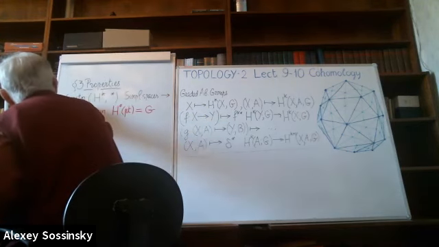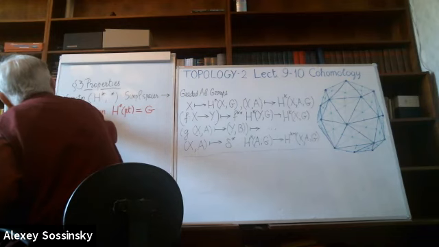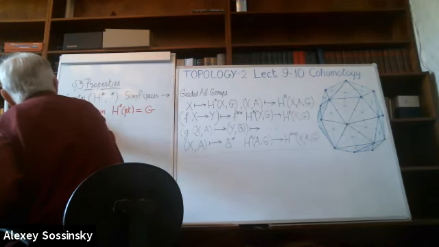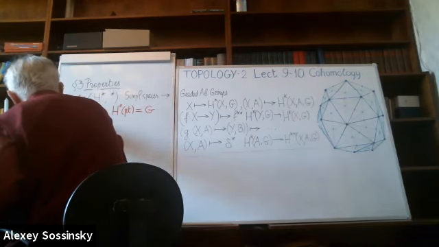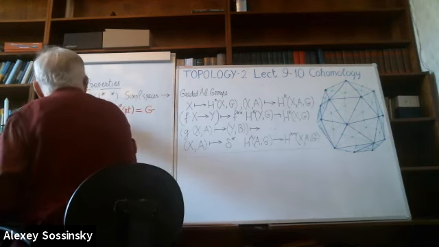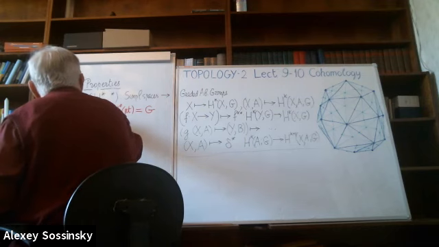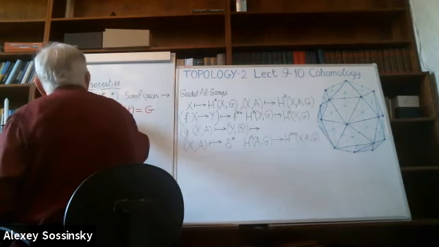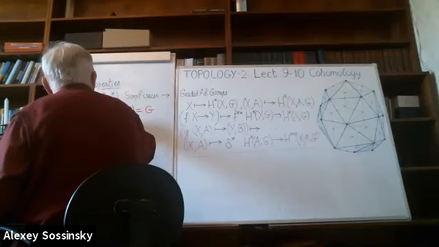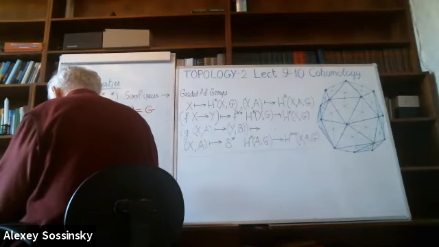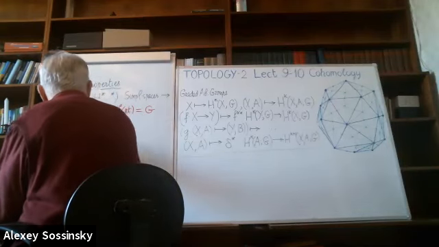The second property is called commutation. And it says the following. You have the following commutative diagram.